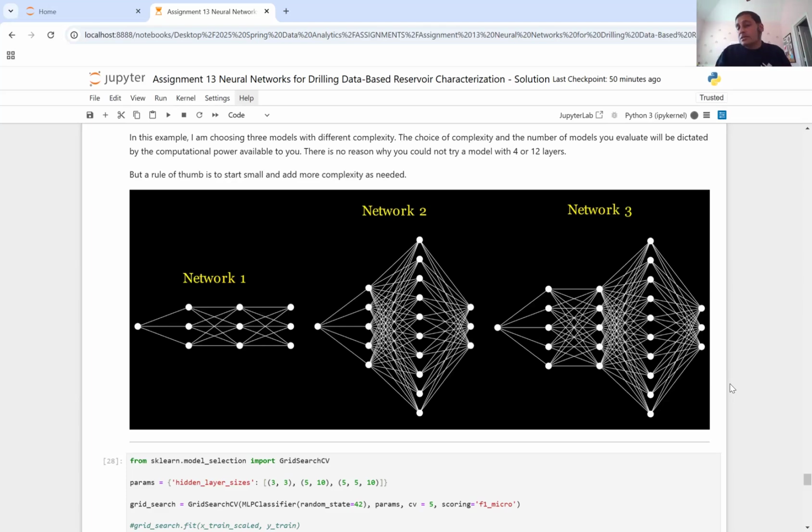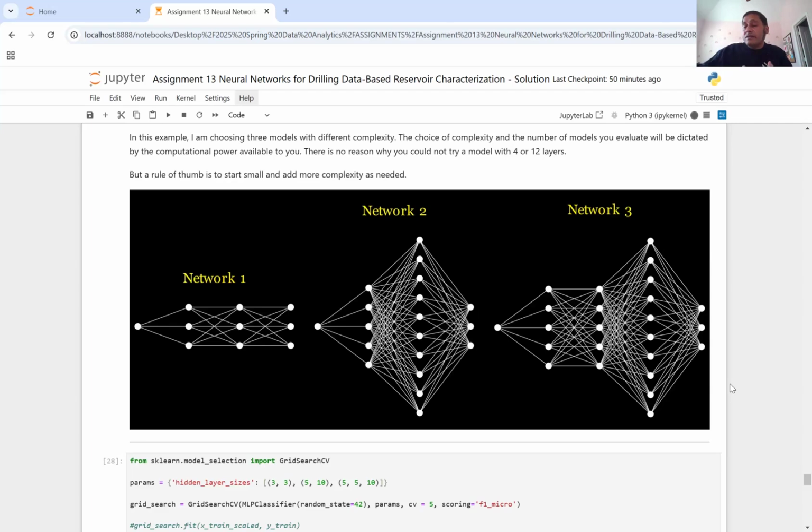But this whole process of evaluating these 3 different models gave us some insights into what we should perhaps be trying next. Maybe we should evaluate a fourth network, which has 4 layers with a different set of numbers of neurons in their hidden layers.